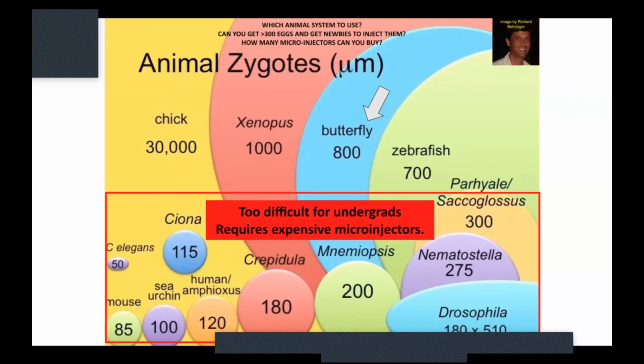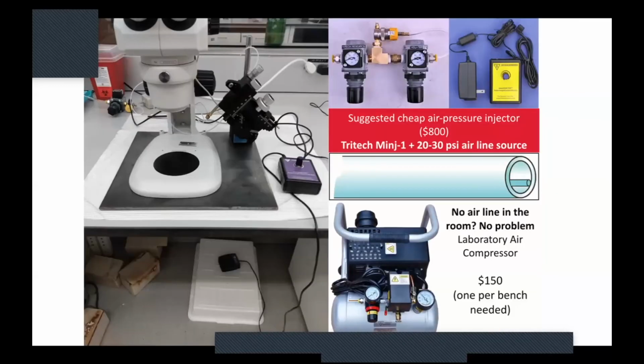With butterflies, we can use super cheap equipment, so you can have 2, 3, 4, 5 stations. And if you have TAs, you can crank it to 12 students, 24 students, 36 students in the classroom. I'm happy to talk in private about the logistics of this.